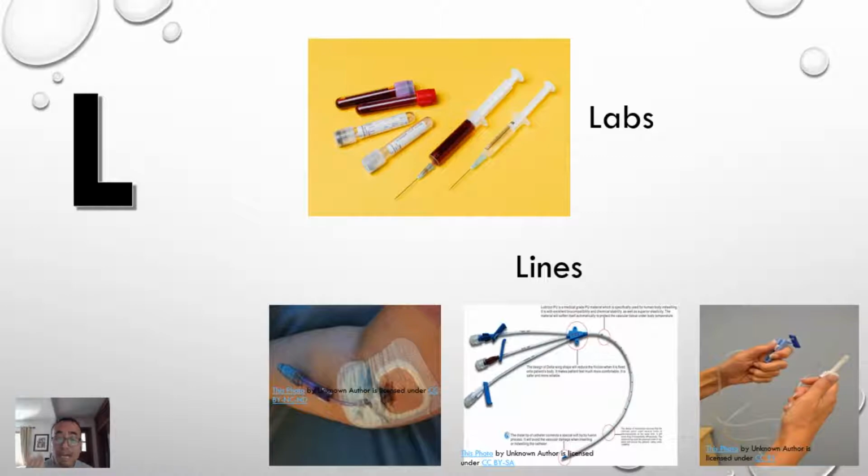We try to downgrade them to peripheral lines, peripheral IVs, if the patient's able to, right? But that is going to be based on the requirements of the patient, what medications they're on, because certain medications are irritant to small veins. And we have to change the way we mix our drugs sometimes based on if it's going to be a central line dose or a peripheral line dose.